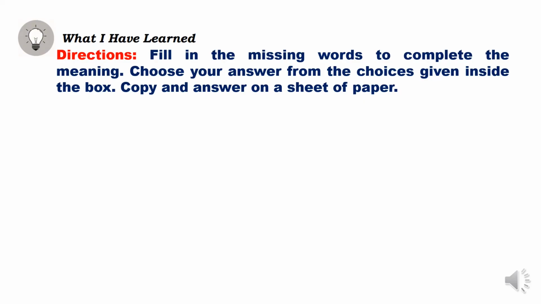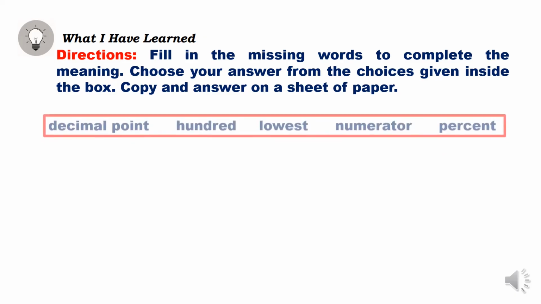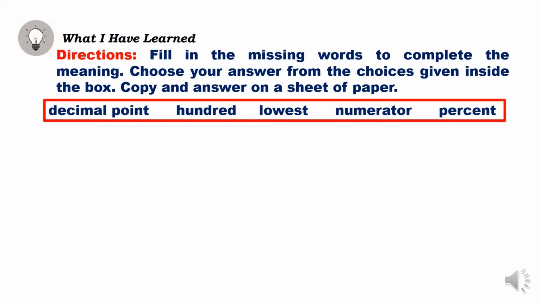Fill in the missing words to complete the meaning. Choose your answer from the choices given inside the box. Copy the answer on a sheet of paper. The choices are decimal point, hundred, lowest, numerator, and percent.